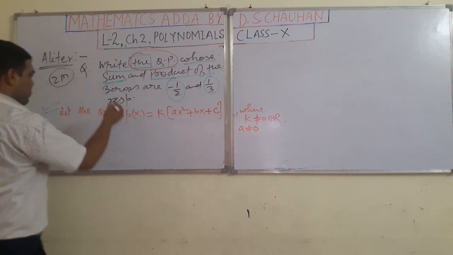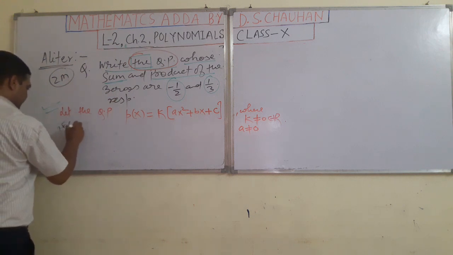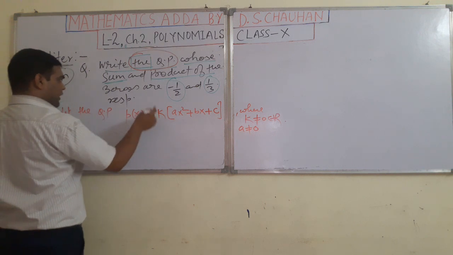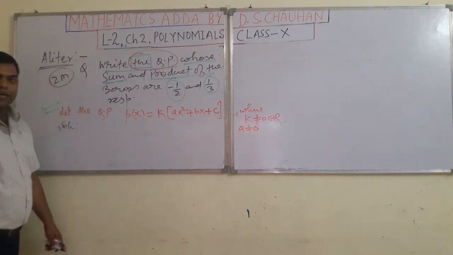Okay, students. Now see the solution here. According to the question, sum and product of the zeros are given.